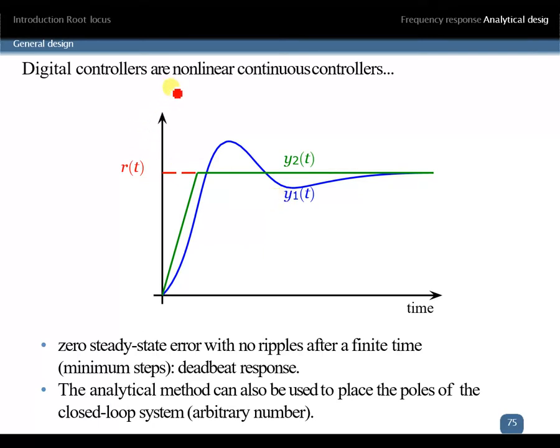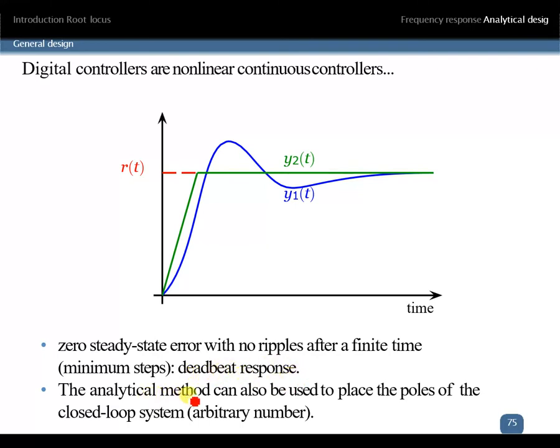Digital control versus nonlinear continuous controllers. In this part, we will see the zero steady state error with no ripple after a finite time. The name is a deadbeat response.